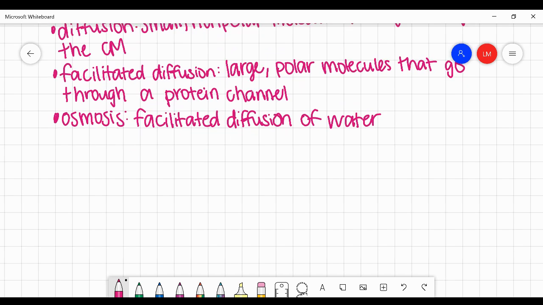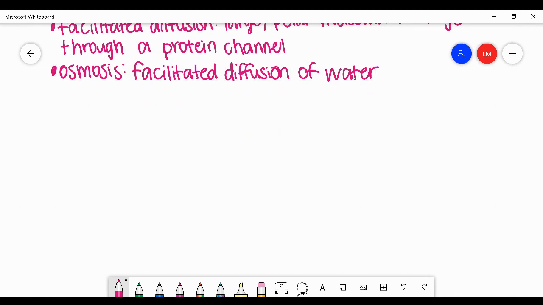Next, we will talk about the different types of solutions that a cell can be in, and that's how we know in which direction water will flow. First, let's define what a solute is. A solute is what is dissolved in a solution.